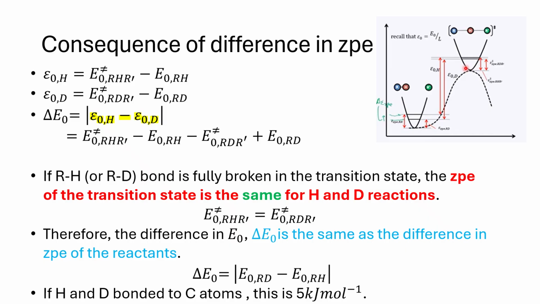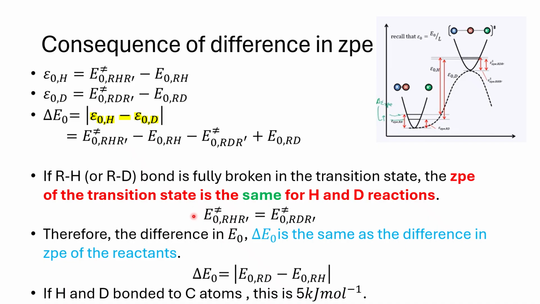At the position of this point here where the molecule forms the activated complex, if the bond between R and H, or the bond between R and deuterium, is fully broken in the transition state, then the zero-point energy of the transition state for both of these molecules will be the same.